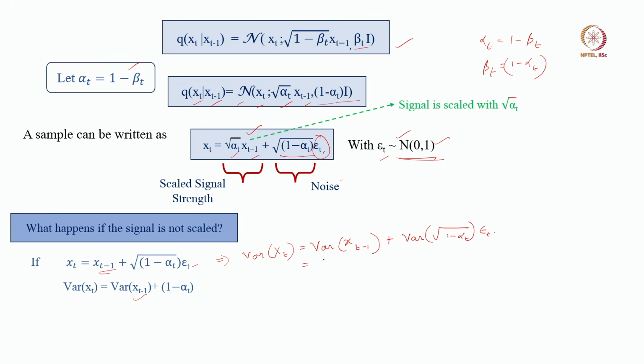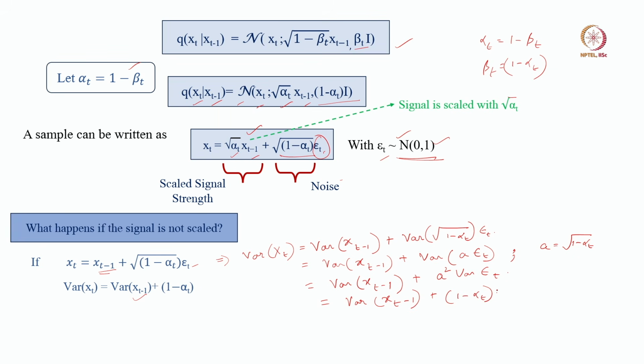This I can write as variance of x t minus 1 plus variance of a into epsilon t, where a equals square root of 1 minus alpha t. Now, this will remain the same, variance of x t minus 1, plus a square times the variance of epsilon t. So this becomes variance of x t minus 1 plus 1 minus alpha t, times the variance of epsilon t. Now, this variance of epsilon t is 1, so we can write it like this.